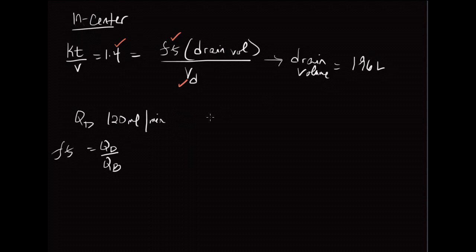So if we take our drain volume and divide it by our dialysate flow rate, we're going to get this time. It's going to take 1,633 minutes to go through 196 liters of dialysate if we want to achieve a Kt/V of 1.4 and keep the filtration fraction at 30%.